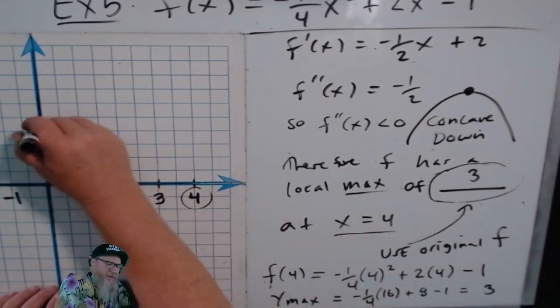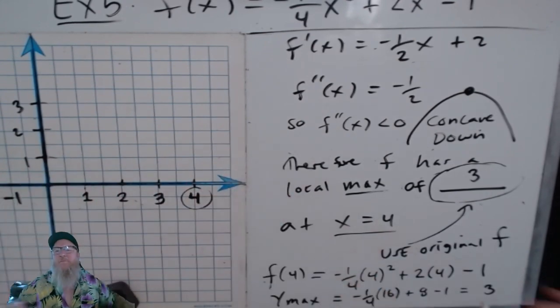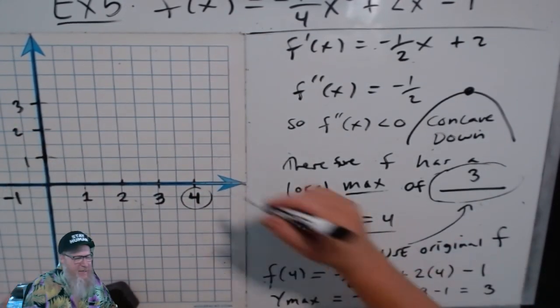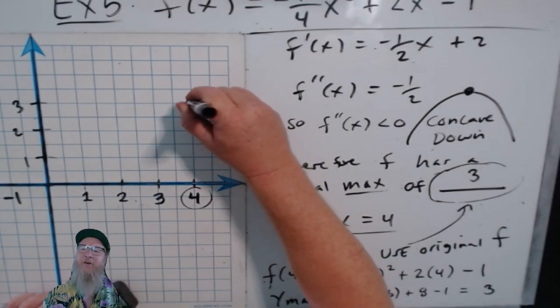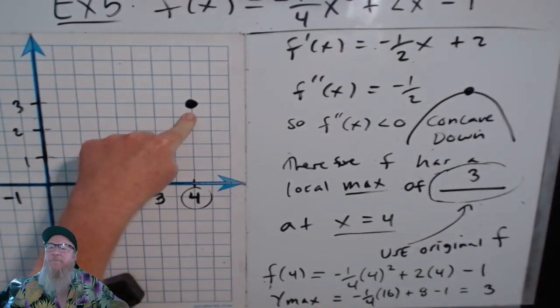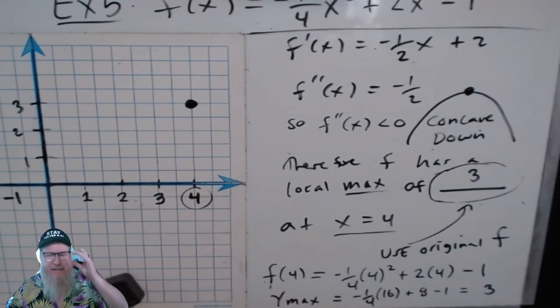So 1, 2, 3. I'm doing two squares equals 1 unit scale, mainly so that the audience can see it. Put my first dot right there. That's my local max. And then I'm going to add any other point that I like.